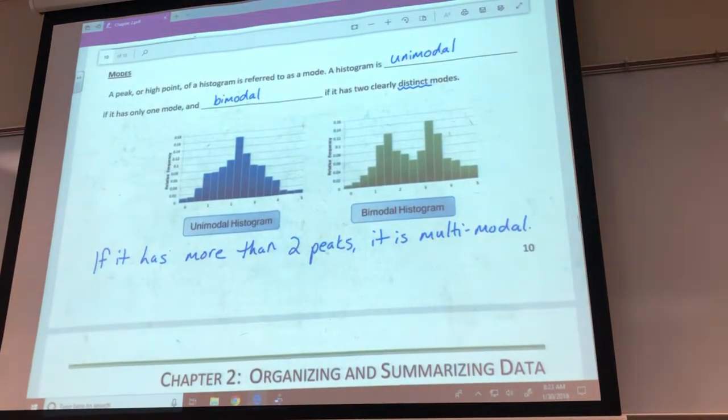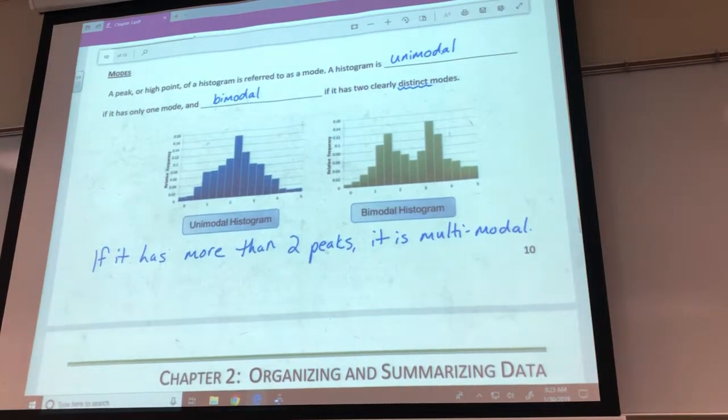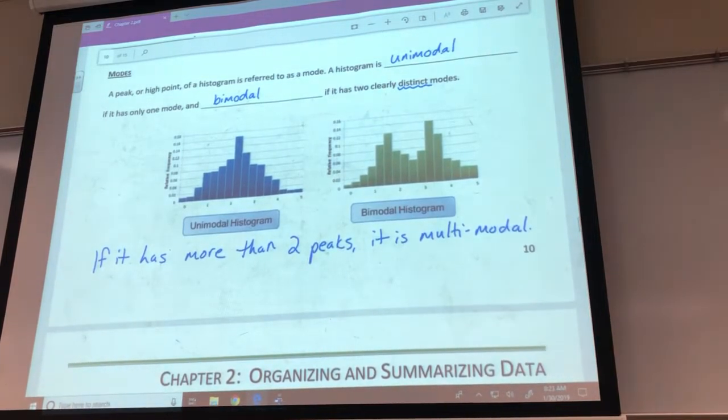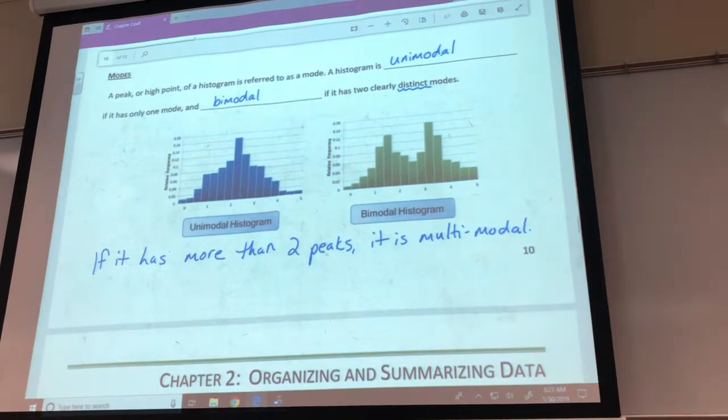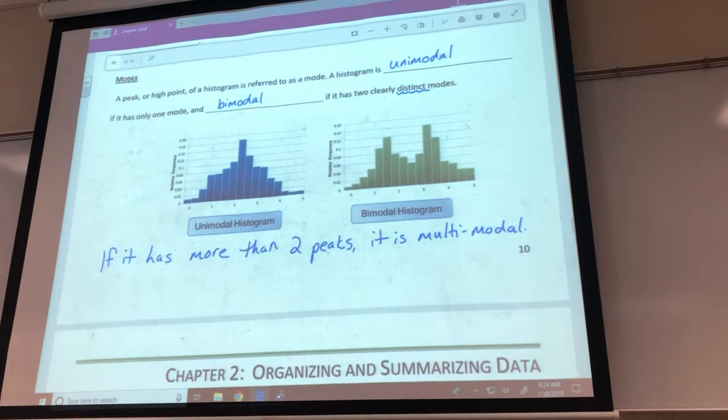So we can potentially have a histogram where it's just kind of all over the place. So we can have something like, sorry for my drawing, but something like that where it's just kind of all over the place. You've got a peak here, a peak here, a peak here, a peak here. Peaks all over the place.